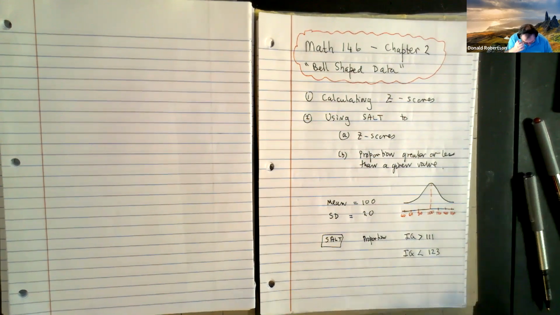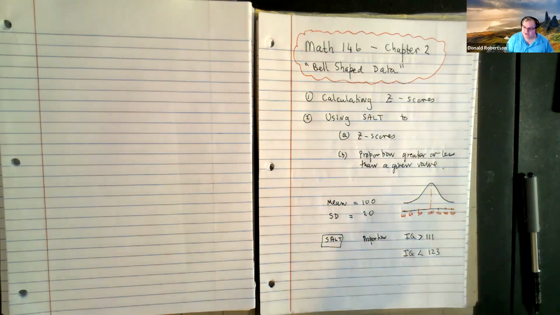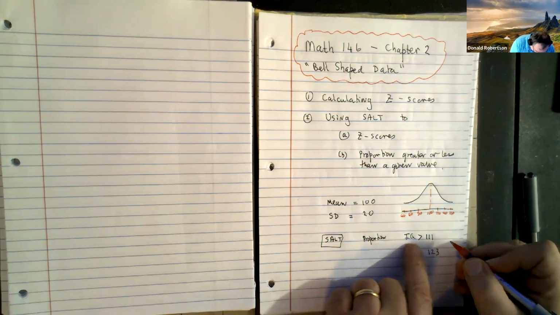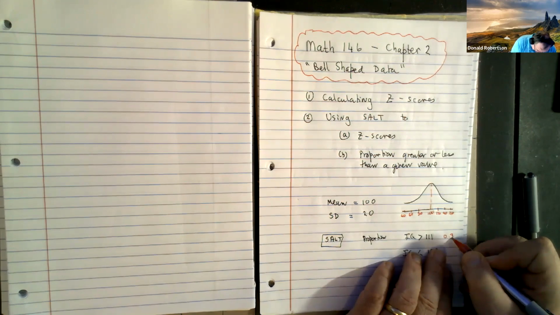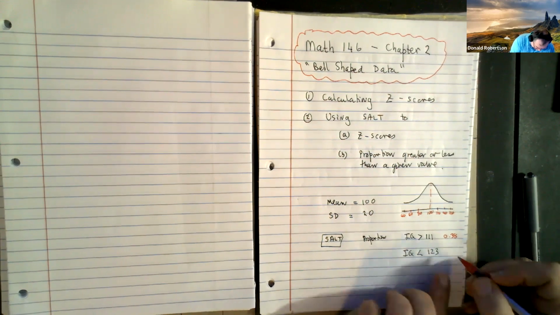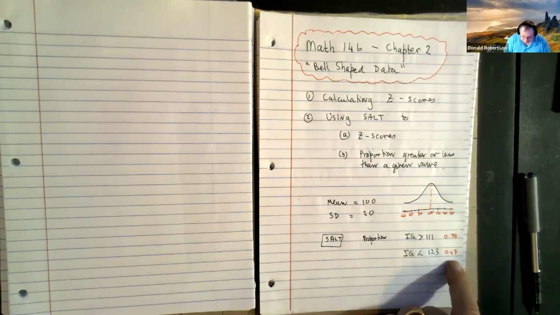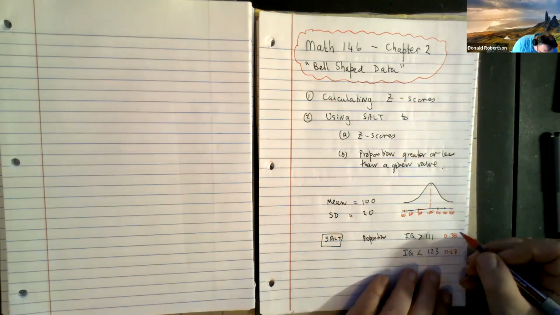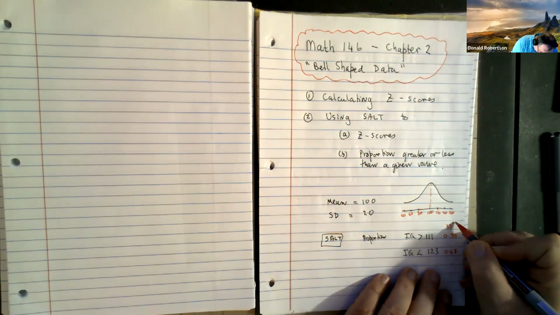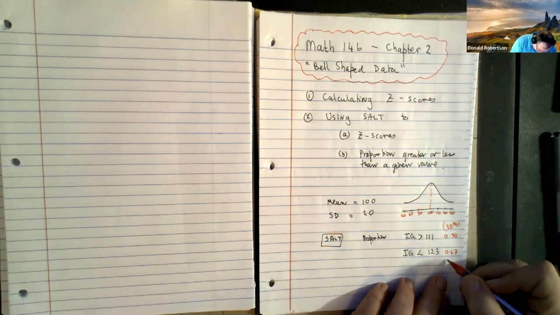And the answer I'll be able to come up with will be, since it's a proportion, that's just a fancy way of saying it's a decimal. It might be that this answer here is 0.38, and maybe this answer here is 0.67, right? That would be the proportion they're talking about. Me personally, I don't like proportions. I prefer percentages. So 0.38 is like 38%, and 0.67 is like 67%.